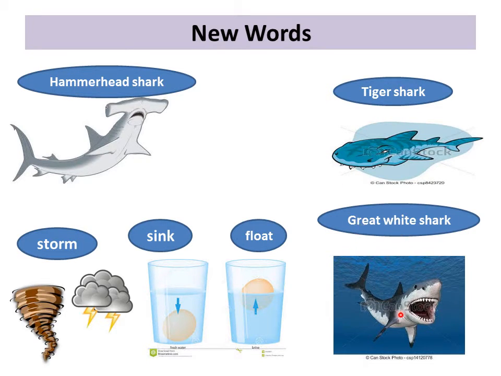Great white shark. Sink. When you put something in water and it goes deeper or goes down, we call it sink. Float, to stay on the surface. Yes, float, sink. Storm.